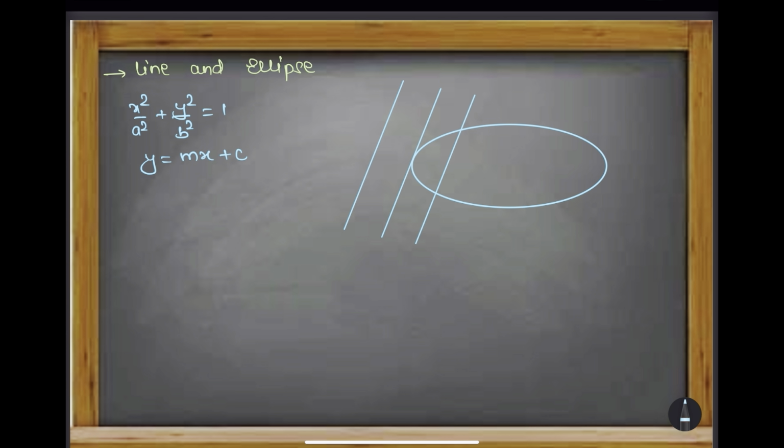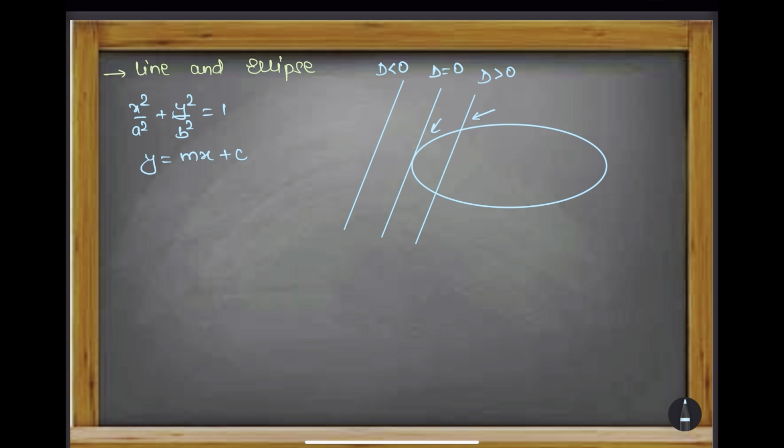You have to solve this line and this ellipse together. In this case you are having 2 points. Two points means D should be greater than 0, two roots. This is one touch. One touch means D should be equal to 0. And this is no cut, no touch, so D should be less than 0.